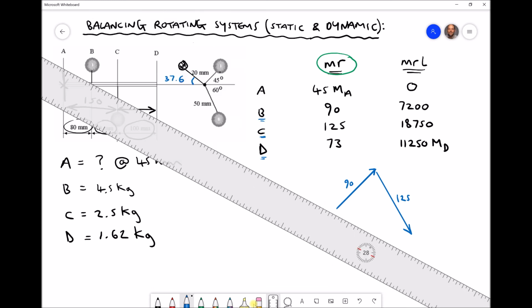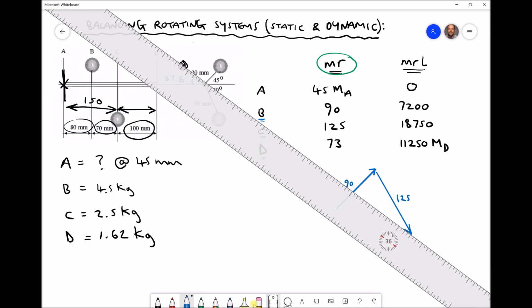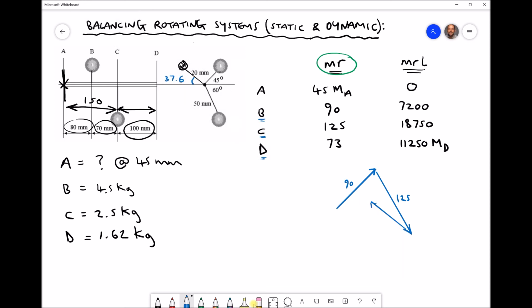So this is the shortest of our three vectors, with a magnitude of 73. Our resultant vector then is going to join the start of the first vector to the end of the last vector. Now, the way that we determine its magnitude, once again, is first of all to determine the sum of our x components and the sum of our y components.